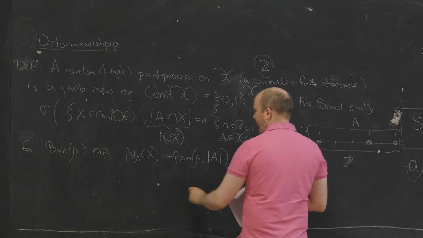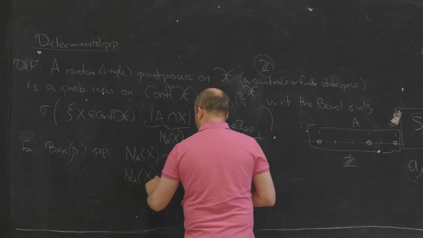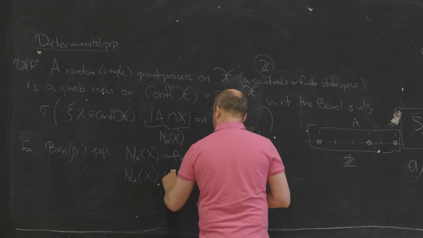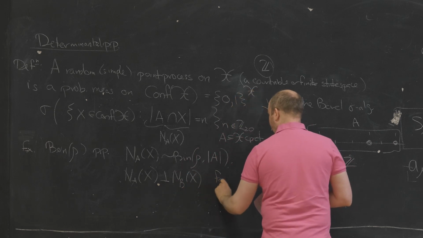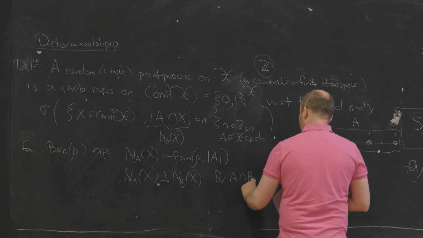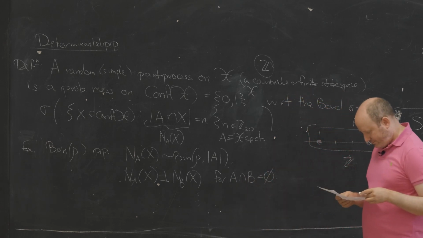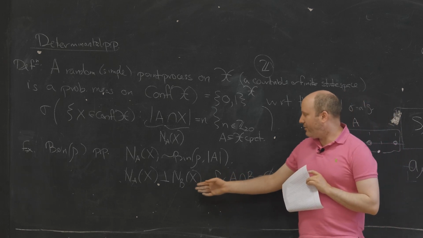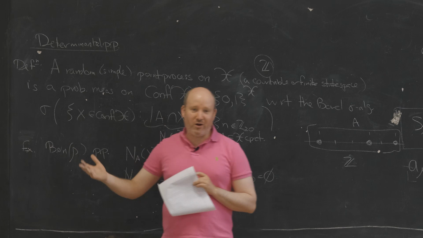And moreover, this point process is characterized by the fact that N_A of X is independent of N_B of X for A intersect B which is empty. So the Bernoulli point process is the discrete version of the Poisson point process.